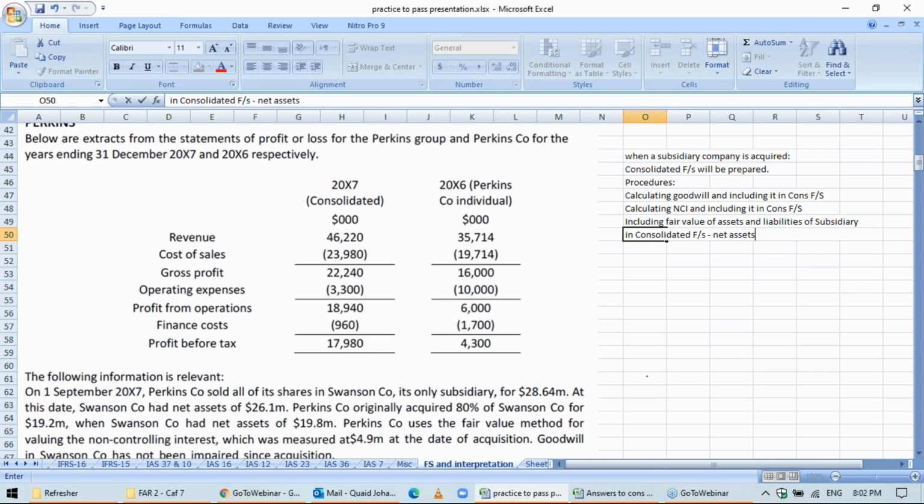So mainly these three items are included in the consolidated financial statements. So we include three items in the parent's financial statements: goodwill, NCI, and the net assets of the subsidiary. And then with passage of time, what happens? The net assets of subsidiary keep increasing. When the subsidiary company earns profits, the net assets of subsidiary keep changing.